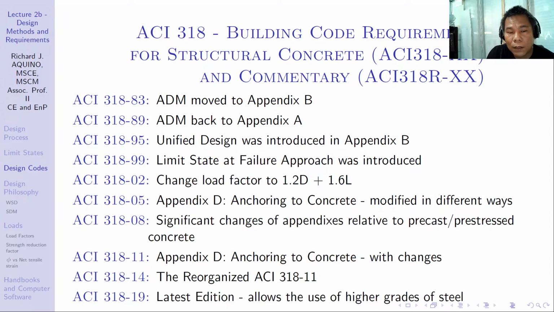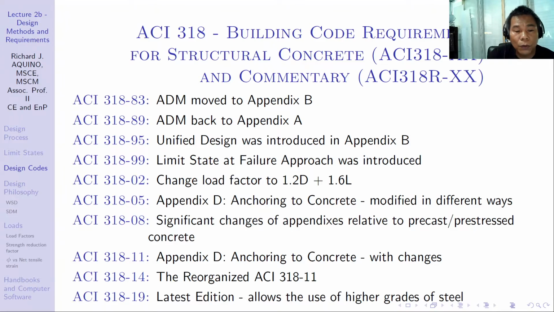In 1983, the ADM was moved to Appendix B. And then in 1989, the ADM moved back to Appendix A. And then in 1995, the ACI 318 committee looked for a unified design, which was introduced in Appendix B. This unified design is that we want to unify the reinforced concrete and the pre-stressed design. And in 1999, the limit state at failure approach was introduced.